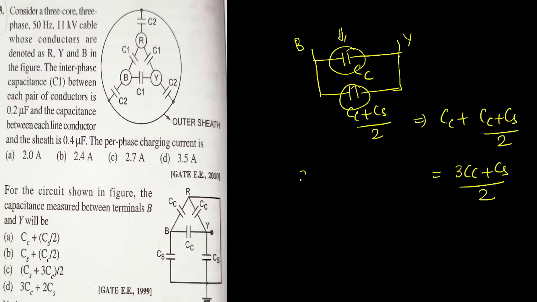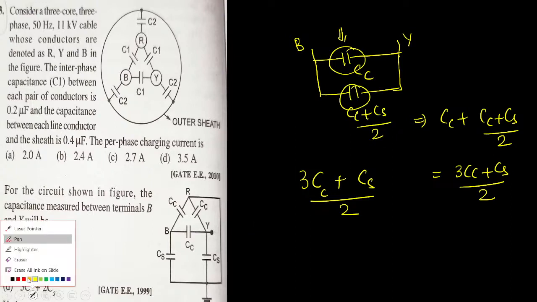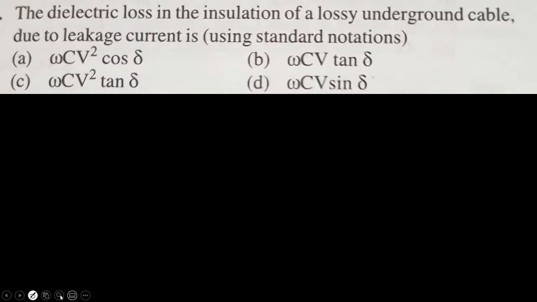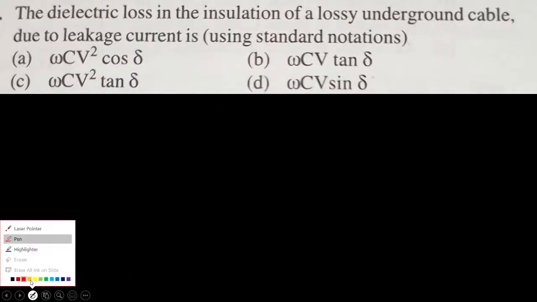So what is the final answer? 3 times CC plus CS divided by 2. Where is the option? 3 times CC plus CS by 2. So the correct answer is option C. Yes, option C is the correct answer. That is how we have to solve problems based on capacitors. Let us go through the next one.